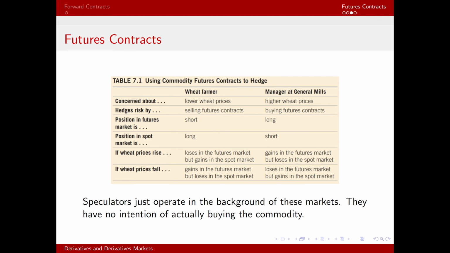And then that being said, there are also speculators that are operating in the background of this futures market. And these speculators have no intention of buying wheat. They just really want a piece of the action. They want to be able to bet on the positions of where wheat is going to go.